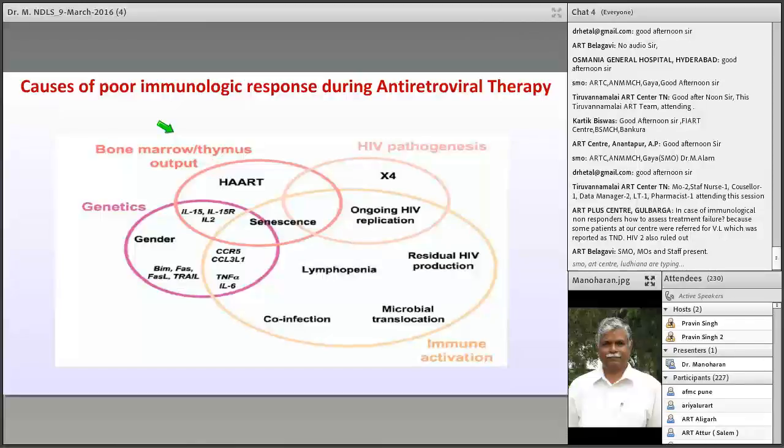And also interleukin 15 has been considered to boost the immune recovery. So we can use interleukin 15 and interleukin 7 to boost the CD4 recovery.